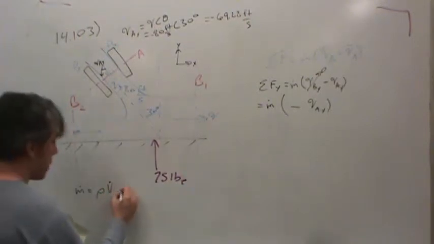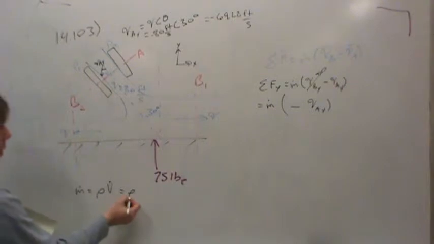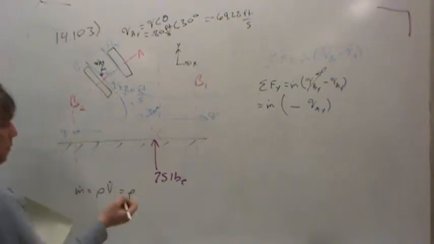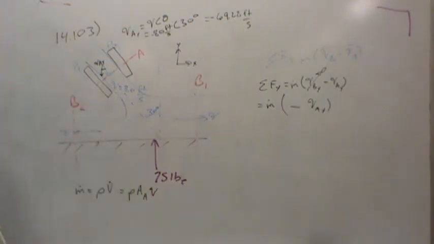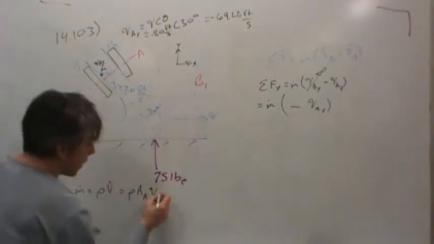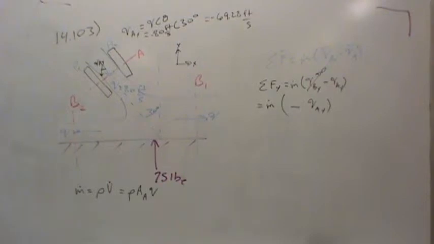Now, the density of the water times the volumetric flow rate could be written in terms of the velocity as the cross-sectional area at A times the velocity at A. Of course, the velocity is the same everywhere, so I won't put an A subscript on it.